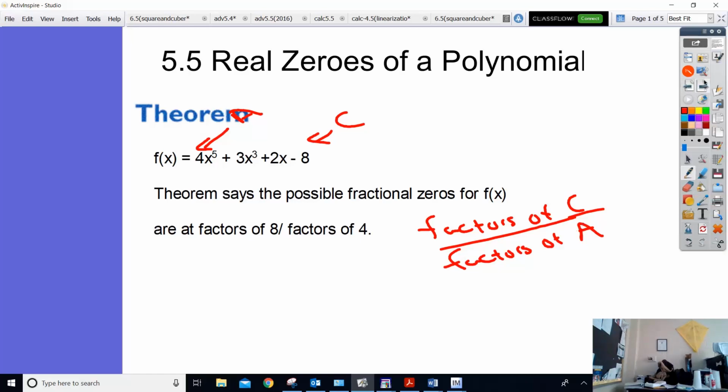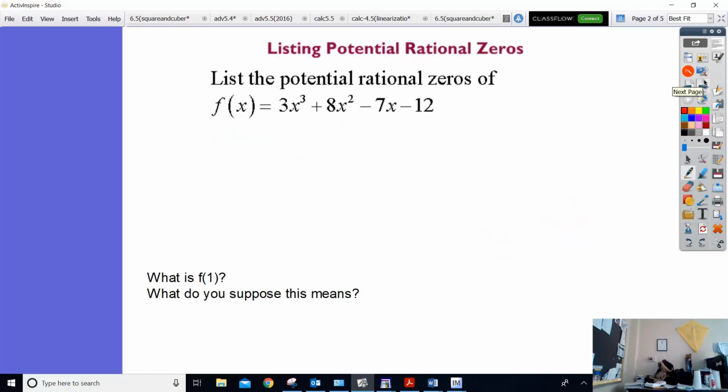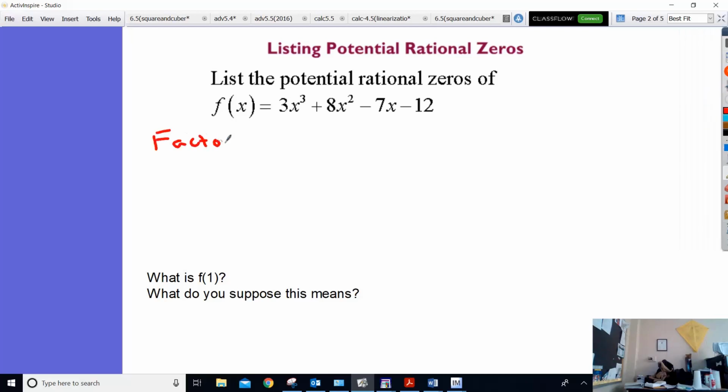All right, so list the potential rational zeros of this guy. Well, the idea is that you find the factors of what number? Factors of 12. That's not negative, just 12. Over the factors of 3.